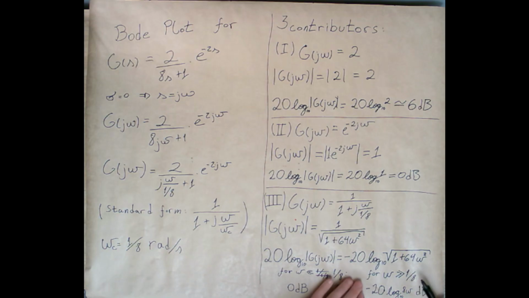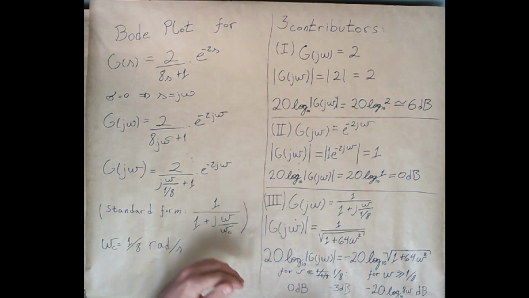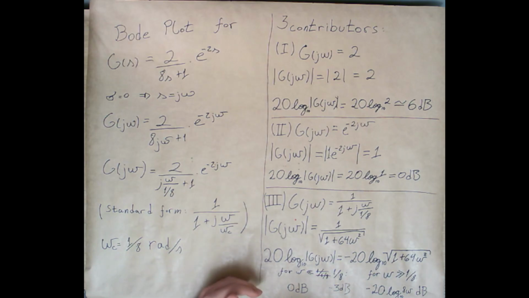In order to simplify things, we're gonna use just 3 possible values for this function. When omega is smaller than its corner frequency, we're gonna approximate the function by 0 dB. When it's exactly at the corner frequency, we're gonna use -3 dB. And for omega greater than 1/8, we're gonna use a descending slope of -20 dB per decade.